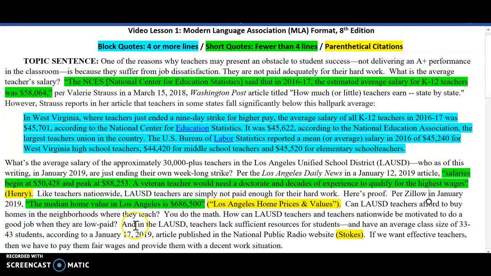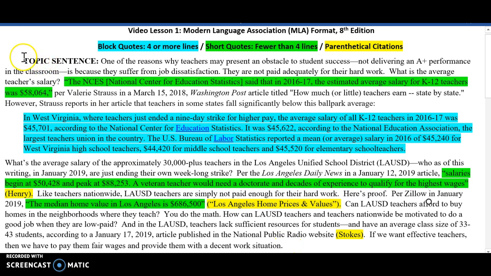How can LAUSD teachers and teachers nationwide be motivated to do a good job when they are low paid? And then the LAUSD teachers lack sufficient resources for students and have an average class size of 33 to 43 students, according to a January 17, 2019 article published on the National Public Radio website. If we want effective teachers, then we have to pay them fair wages and provide them with a decent work situation.